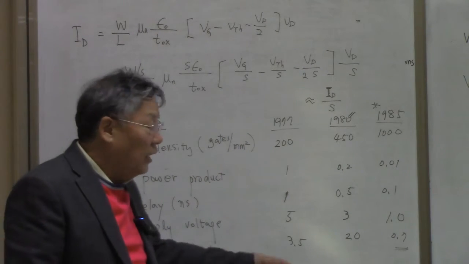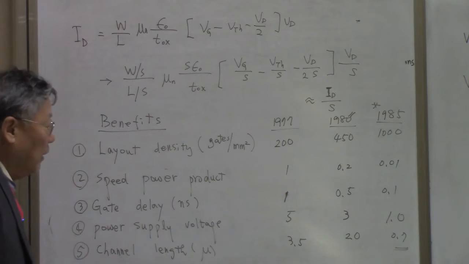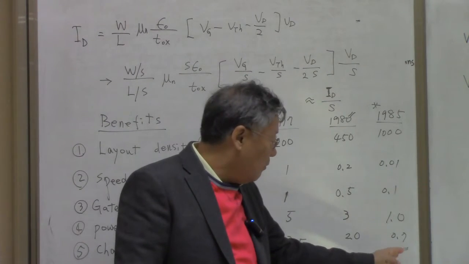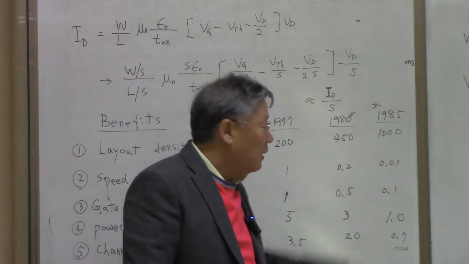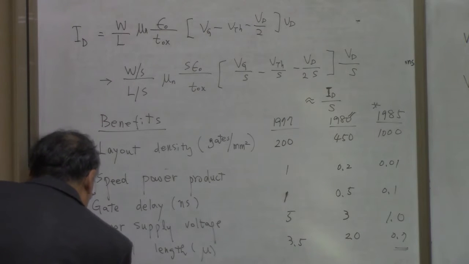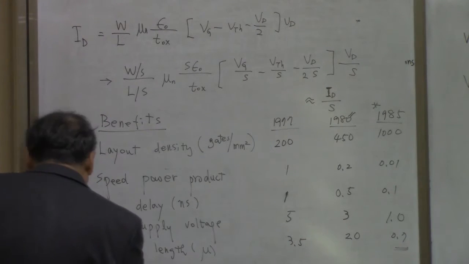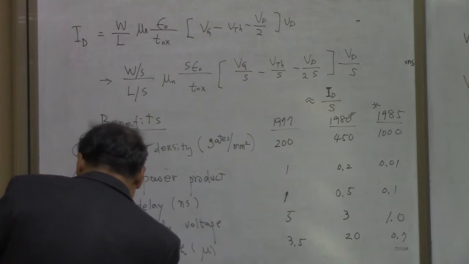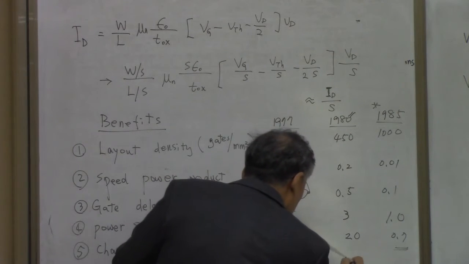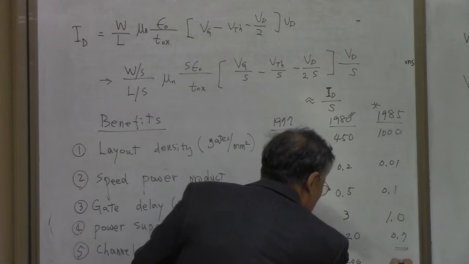Obviously, the channel length these days is sub-micron, which is about the right value right now, not in 1985. And the oxide thickness, in angstroms, 700, 400, and 100.